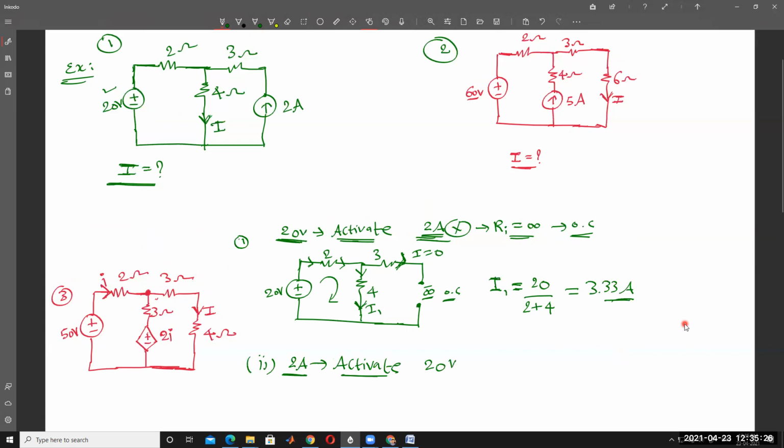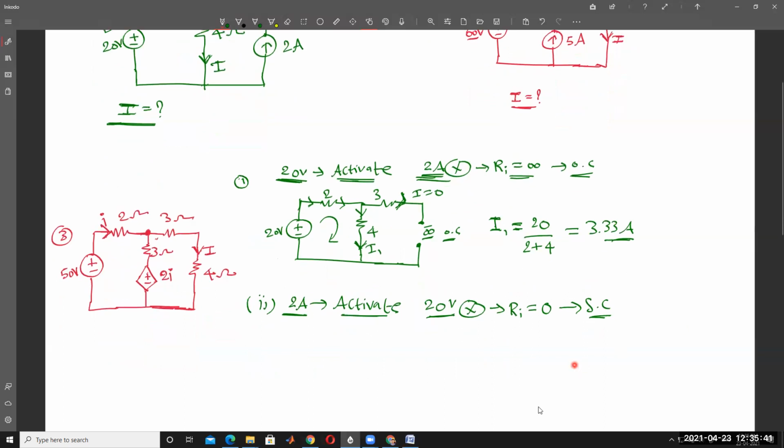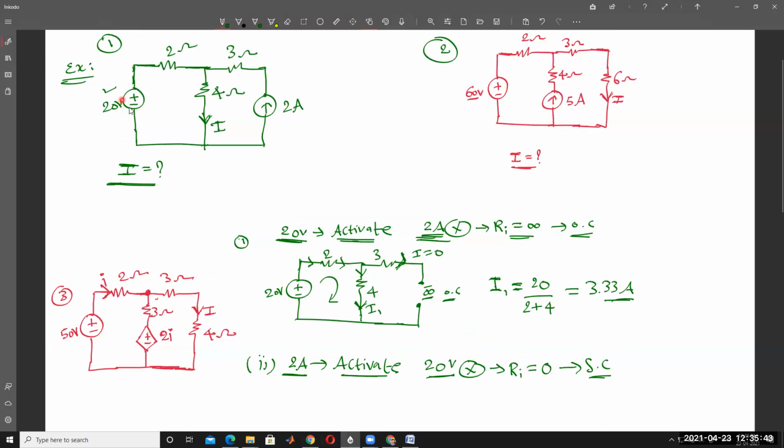What is the internal resistance of the voltage source? 0. That means a short circuit. The internal resistance of the voltage source is 0, no? So short circuit it.